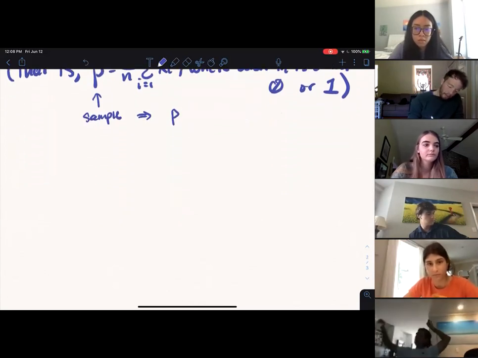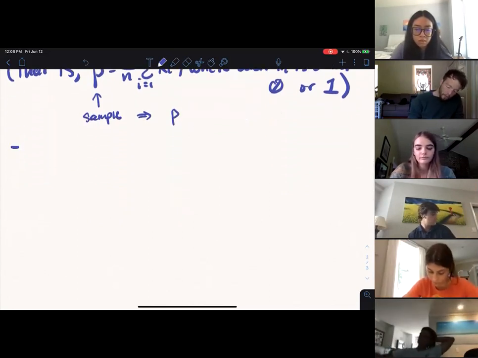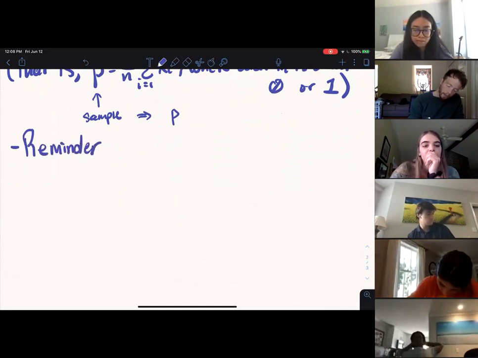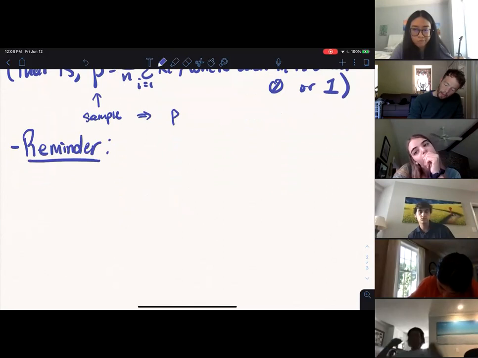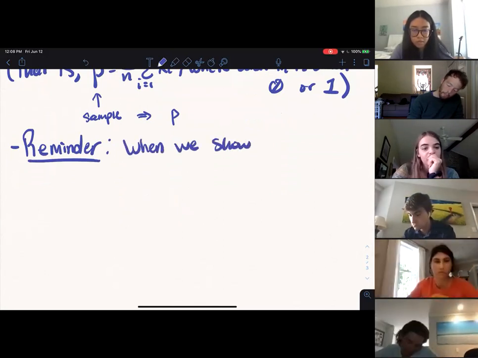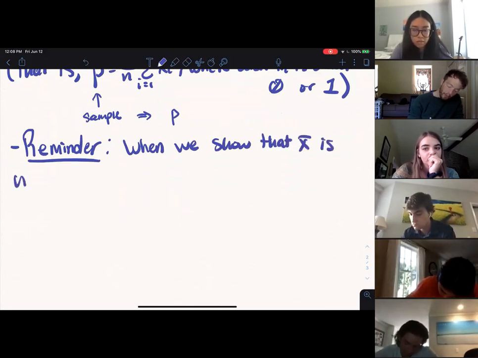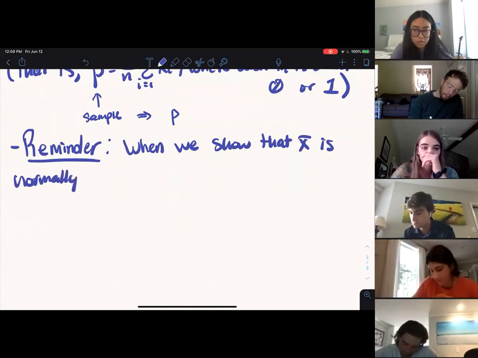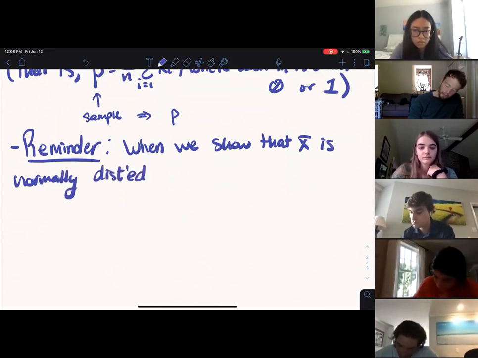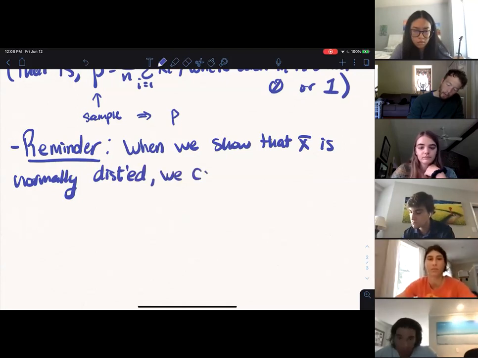So let me make a few points before we move forward of actually how to do this. Let me remind you that when we show that x bar is normally distributed, we can perform inference.